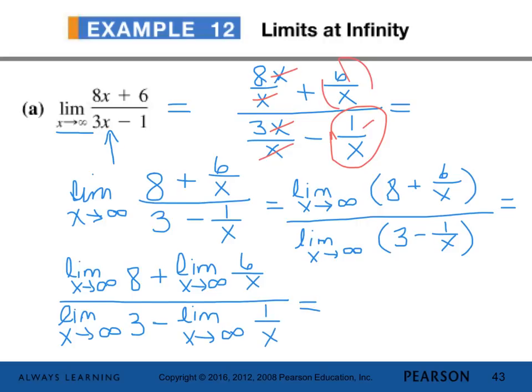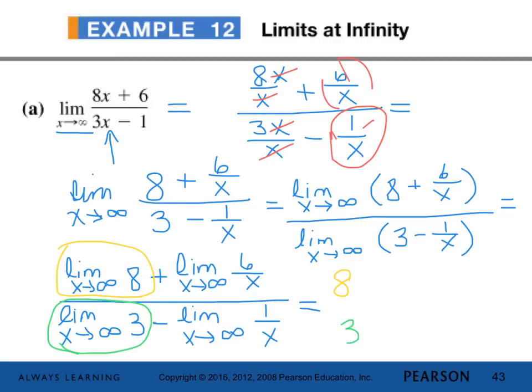Now, the limit as x approaches infinity of 8 doesn't care what x is. 8's still 8. So it's 8. And the limit as x approaches infinity of 3 doesn't care what x is either, because it's just 3.